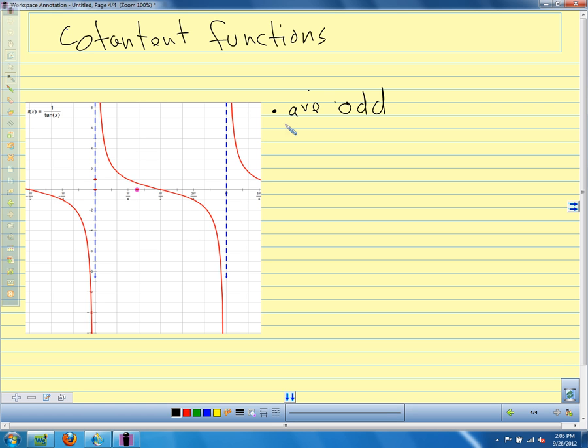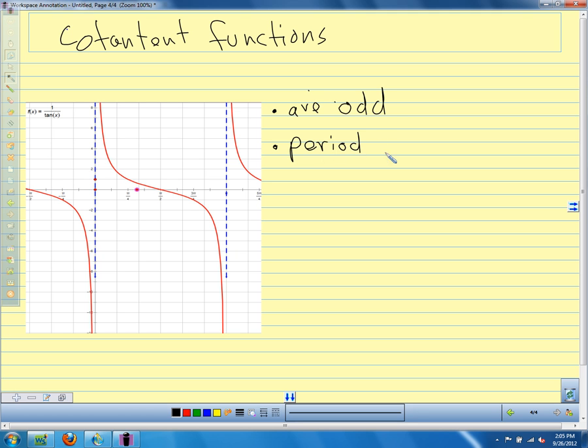Symmetric means if we rotate 180 degrees around the origin, our graph would look the same. So basically it goes up on one side of 0, 0, and it goes down on the other side. So if we rotate it around, it would do the same thing. So cotangent functions are odd.